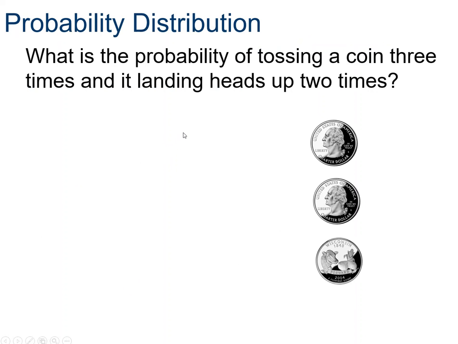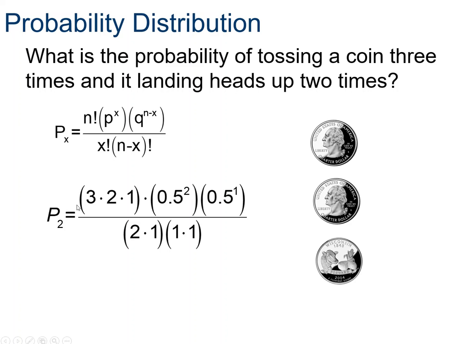So what is the probability of tossing a coin 3 times and it landing heads up 2 times? Well, we already figured this out: 3 factorial over 2 factorial 1 factorial, times 0.5 squared, times 0.5, which is 37.5%. So that is basically how they come up with that 37.5%.